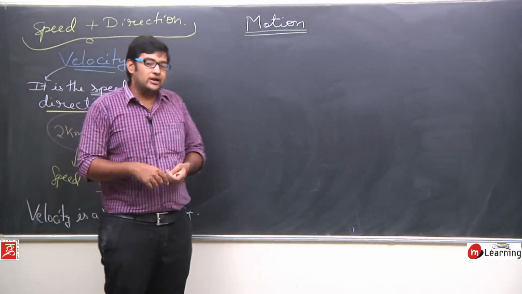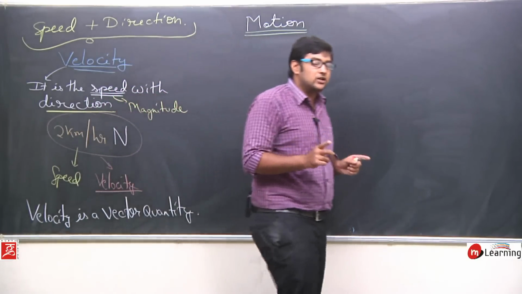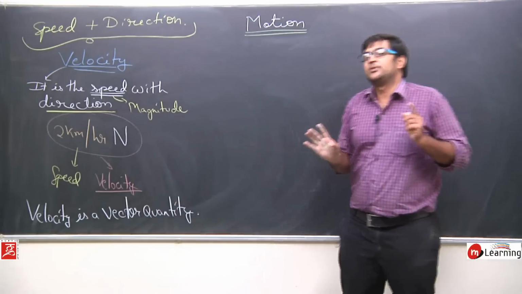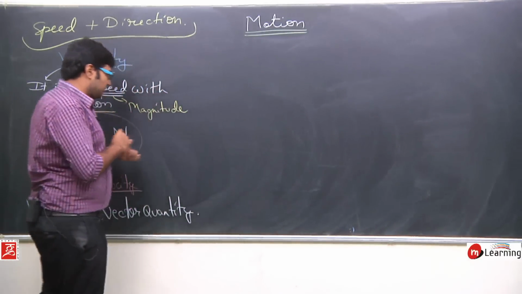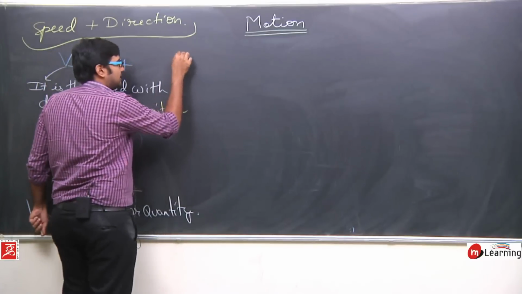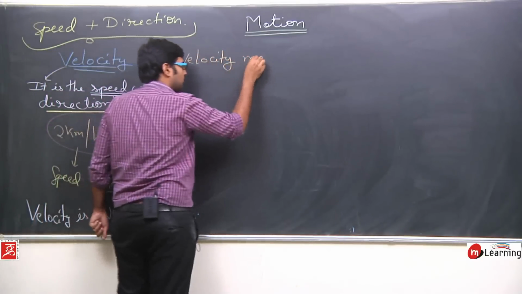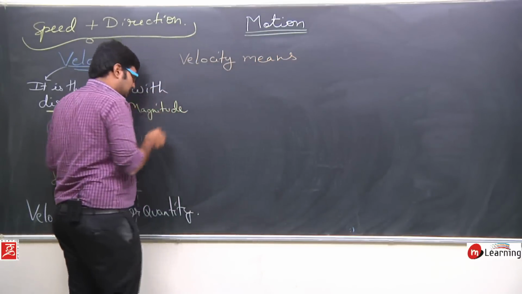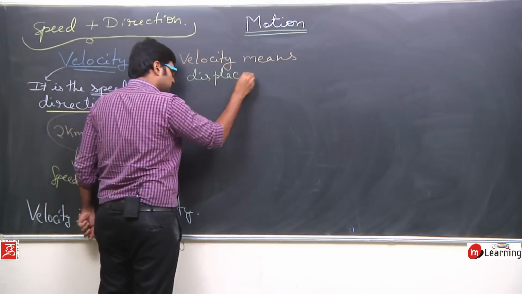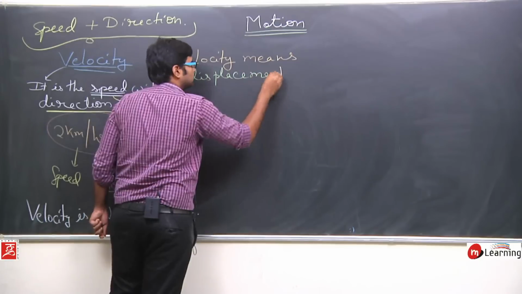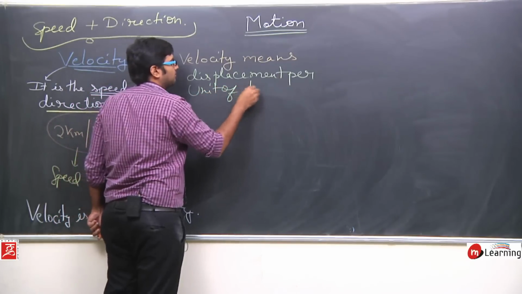Now the most important point, what should be the unit of velocity? There is no difference between the unit of speed and velocity. Speed and velocity both have the same unit. The only difference is that velocity is displacement per unit of time.